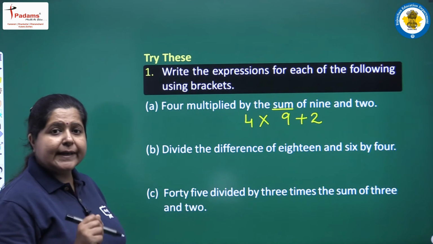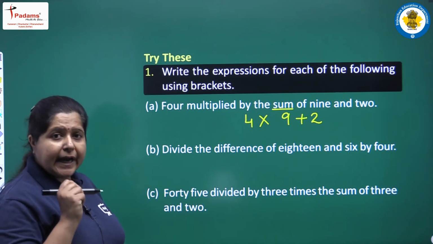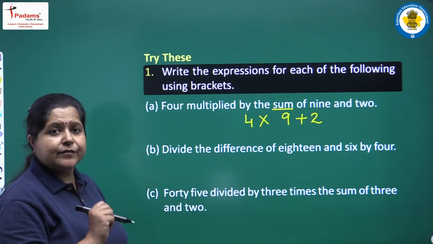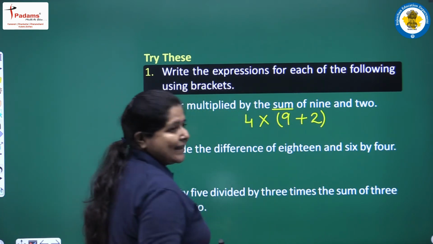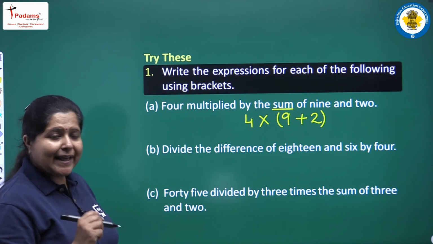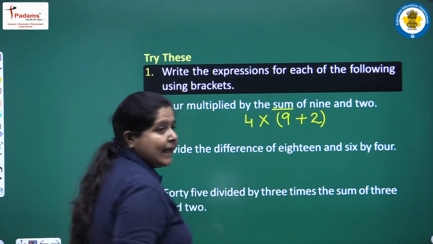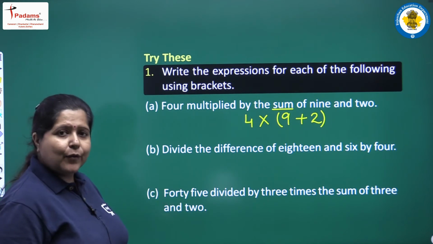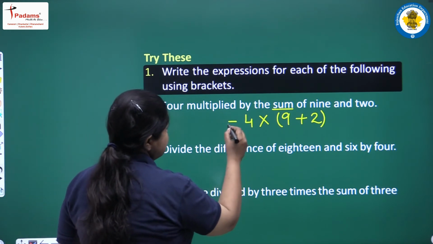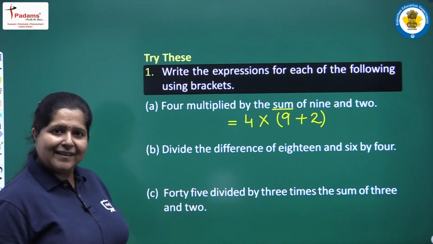First we need to find the sum of 9 and 2, and for doing that calculation first we will have to enclose it inside a bracket. Now first we will add 9 and 2, 11, and then we will multiply by 4. So this is the correct expression.